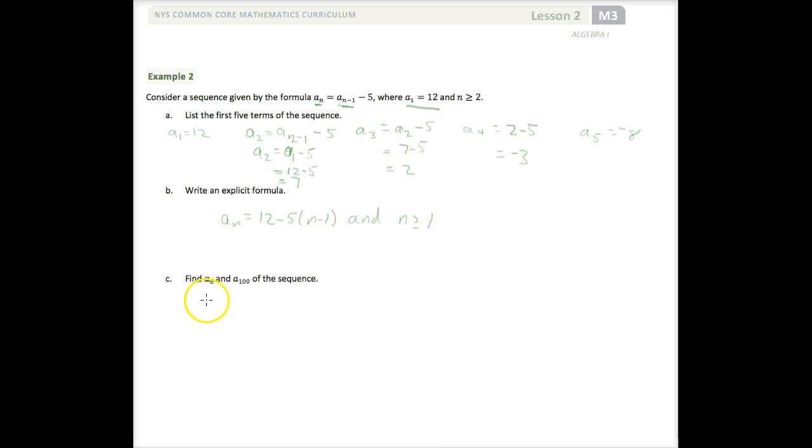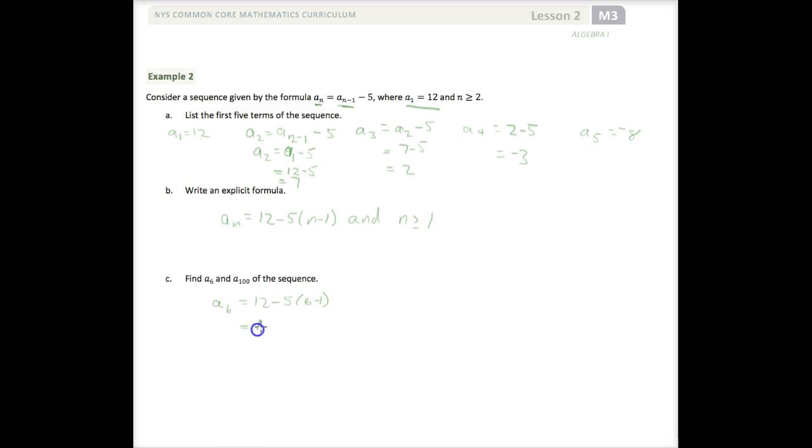Find a sub 6 and a sub 100. Well, you could see finding a sub 6 would be pretty easy. We can predict that it's negative 13, but I'm pretty sure most of you don't really want to get all the way to 100, especially not with this process. So let's go ahead and say a sub 6 is 12 minus 5 times 6 minus 1.